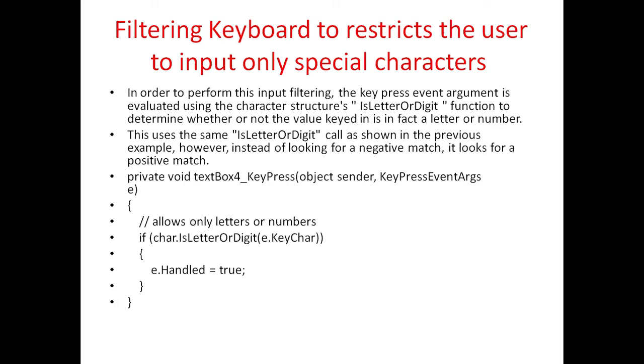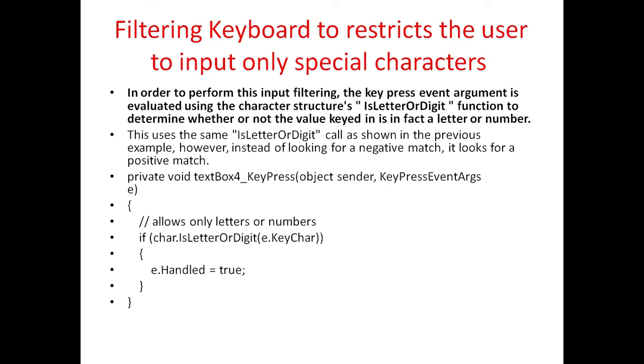Next, we will see filtering keyboard to restrict the user to input only special characters. In order to perform this input filtering, the key press event argument is evaluated using the character structure's isLetterOrDigit function to determine whether or not the value entered is in fact a letter or number.